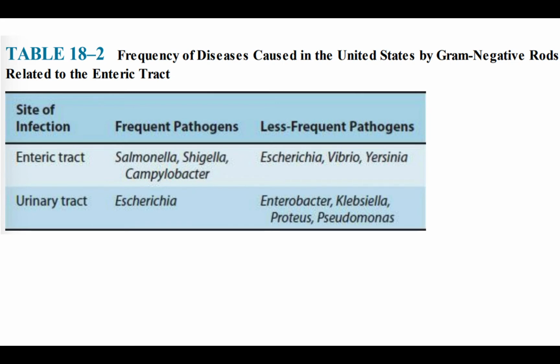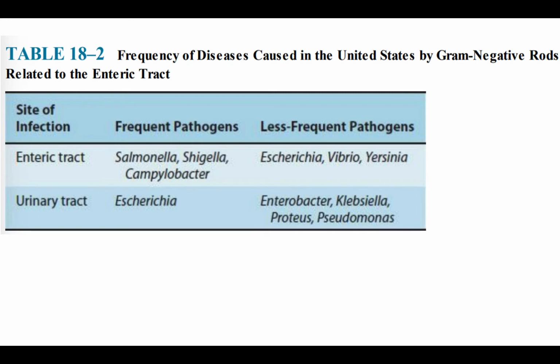So let's talk about the frequency of diseases caused by these gram-negative rods that are related only to the enteric tract. For the enteric tract, the dominant pathogens are Salmonella, Shigella, and then Campylobacter.